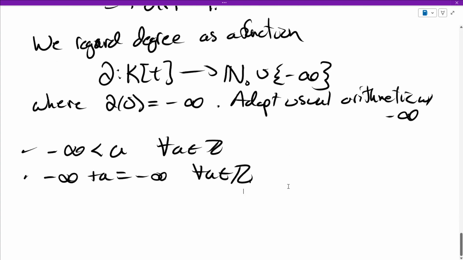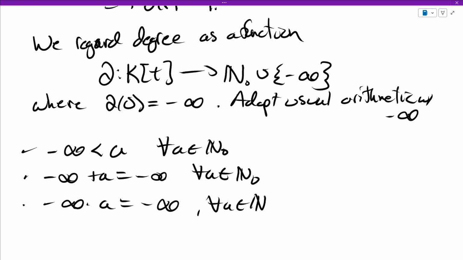When you multiply an integer with negative infinity, you're going to get negative infinity. This isn't quite helpful if a is negative. Technically, you should get positive infinity. However, let me clarify where we're going to need our arithmetic. This is going to be an n not equal to 0. That makes me feel better. There we go. For all a and n not equal to 0. And we also declare that negative infinity squared is negative infinity.